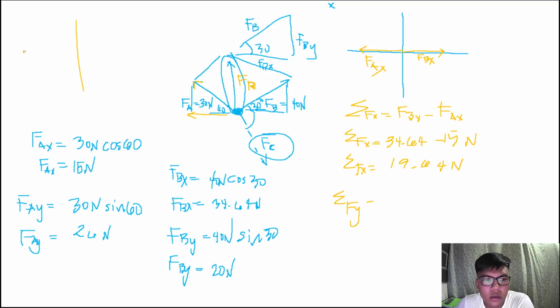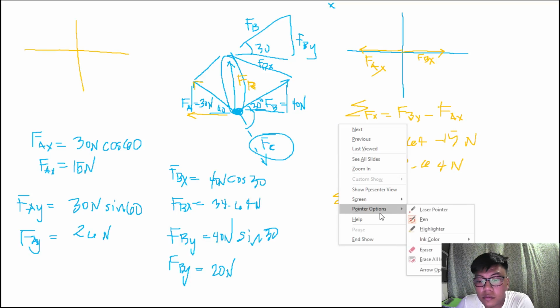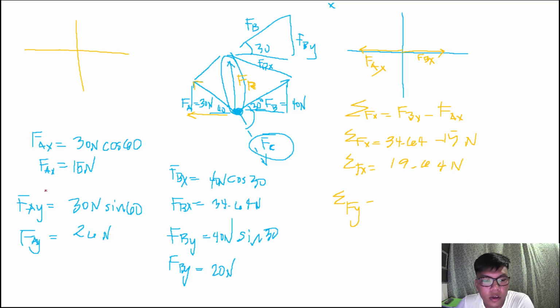So F of Y, free body diagram tayo ulit. So dito ko na susulat yung free body diagram. So we have FB, okay, parehas na sa taas, ano? So we have FBY, tapos we have FAY.